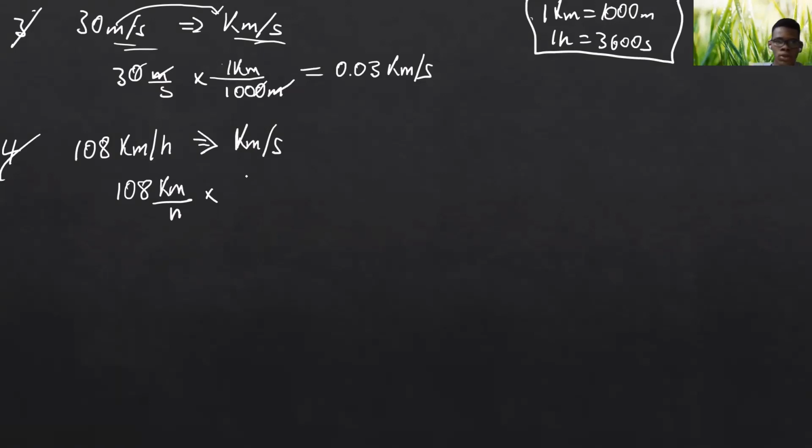We know the 1 hour will go in the numerator because the hour is in the denominator in our original quantity, right? And the 3,600 seconds will go in the denominator. So those two go out, and we're left with kilometers per second.